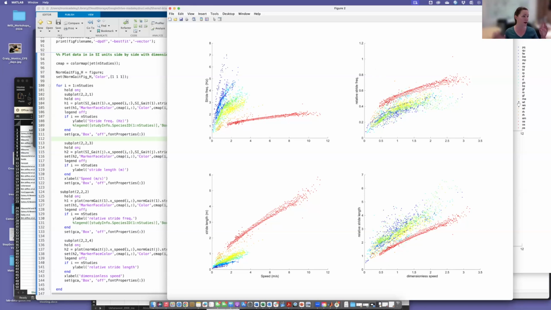Where it used to look like, of course, small birds use higher frequencies than large birds, now in relative terms the largest bird uses a higher frequency compared to the smaller birds, which are using relatively lower frequency. And in relative stride length, the largest birds use a relatively lower stride length.